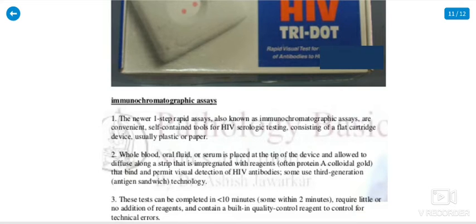It consists of a flat cartridge device, usually plastic or paper.